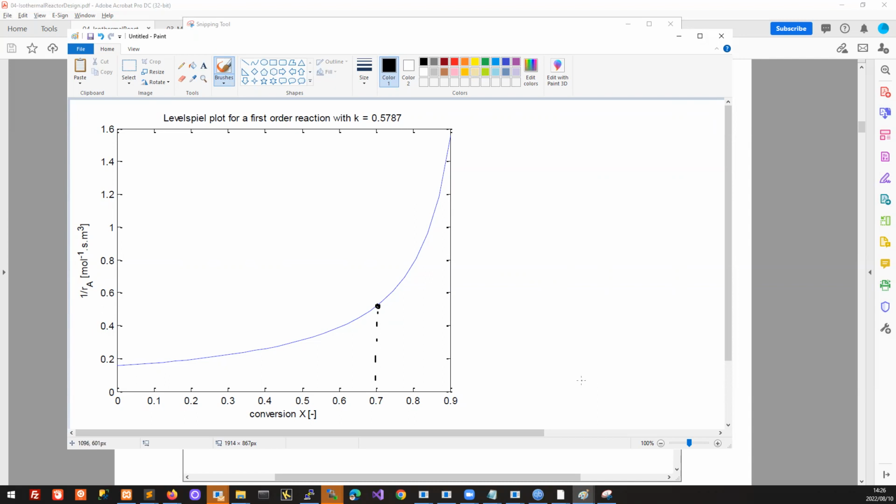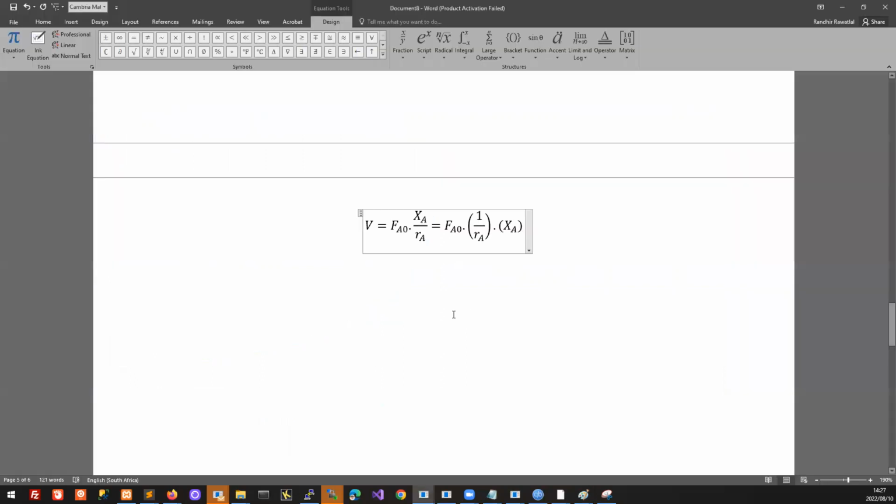So we want the reactor to have a conversion of 0.7, and we want to know what my volume must be. Now let's look at what we wrote here. We're going to assume this FA naught is fixed, so we're not going to worry about FA naught. But when we look here, it's y times x.